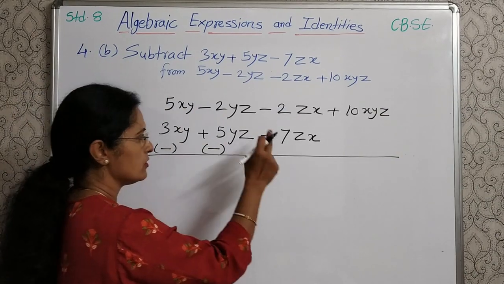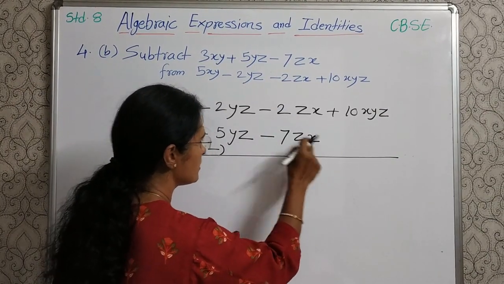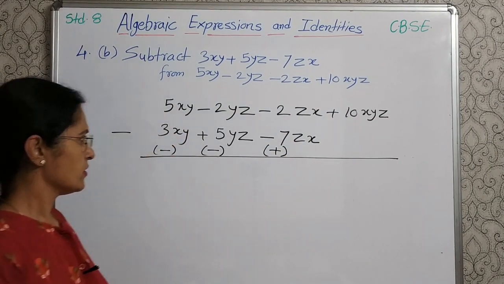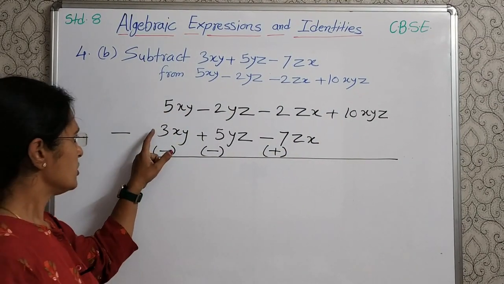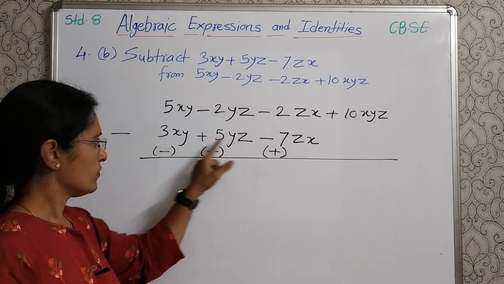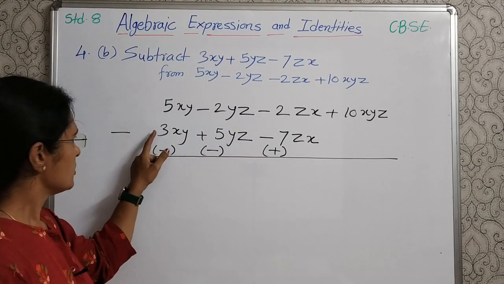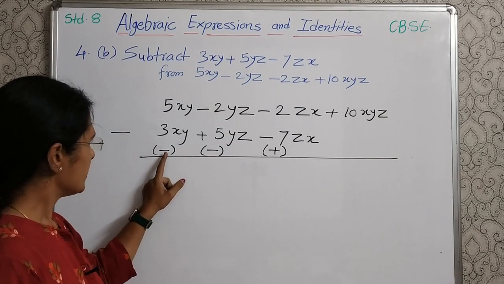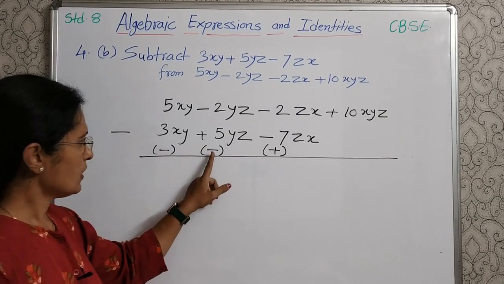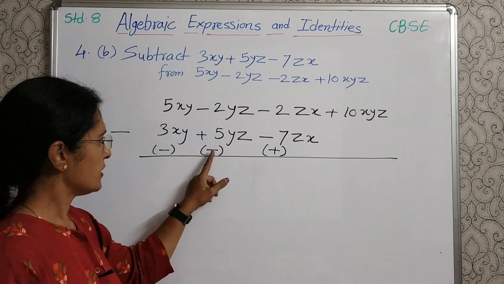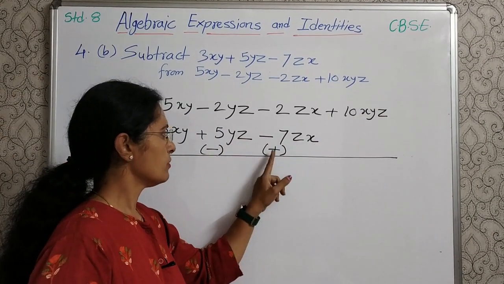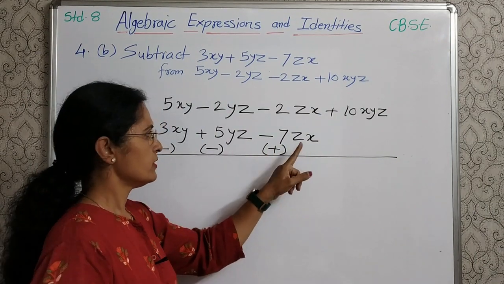Then subtracting negative 7zx means adding positive 7zx. So in short, we changed all the signs of all these terms. This positive 3xy has become negative 3xy, this plus 5yz has become minus 5yz, minus 7zx has become plus 7zx.